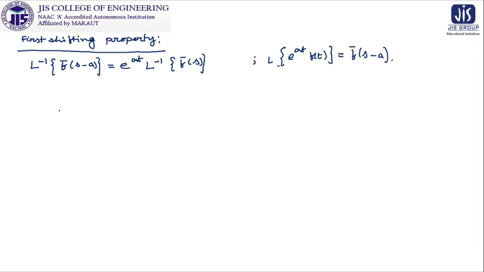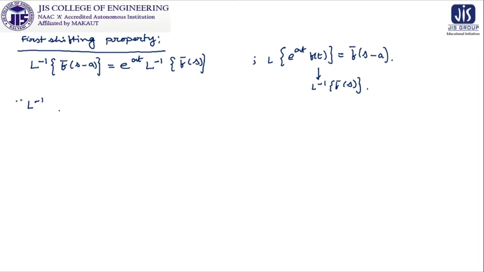So Laplace inversion of f bar s minus a will be e to the power at f t, where f t can be written as Laplace inverse of f bar s. So it is just a one-liner to prove this.